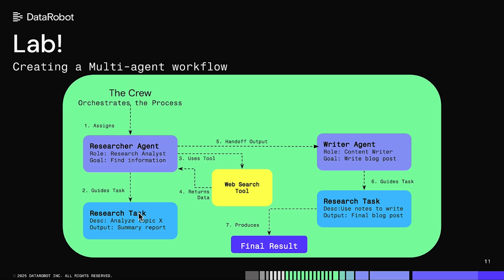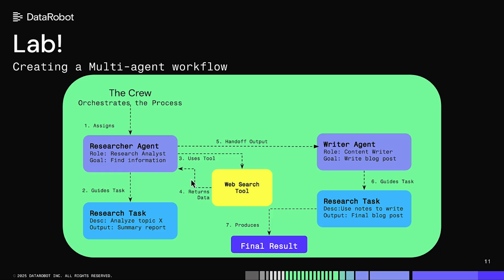With that, this is what our agent is going to look like. We've got a research agent that has a role of a research analyst. Of course, we'll define this in a lot more detail in the configuration, but this is just a graphical representation. We have a research agent with a role and a goal, and then a writer agent. The writer agent is dependent on the researcher agent, so we will be using a sequential workflow here.